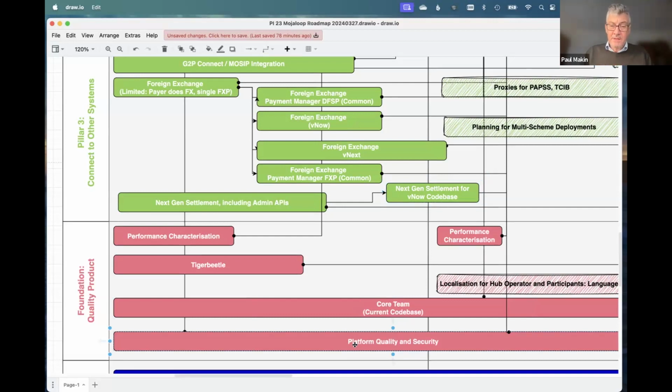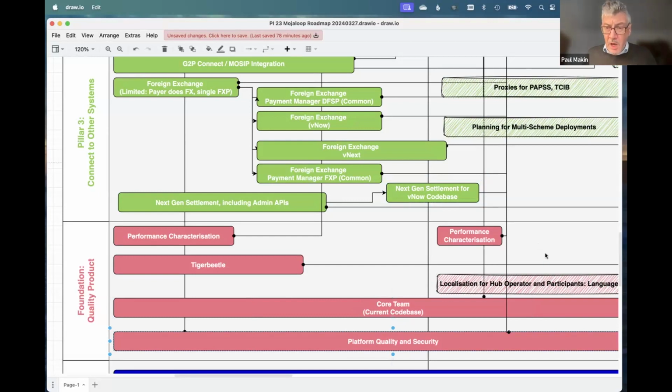Sam has been very active in continuing the work of this particular work stream, and it's had some valuable outputs already, giving us some confidence that the cybersecurity of the Moduloop platform is as we would expect it to be. But again, that's an ongoing maintenance work stream that I expect to continue forever.